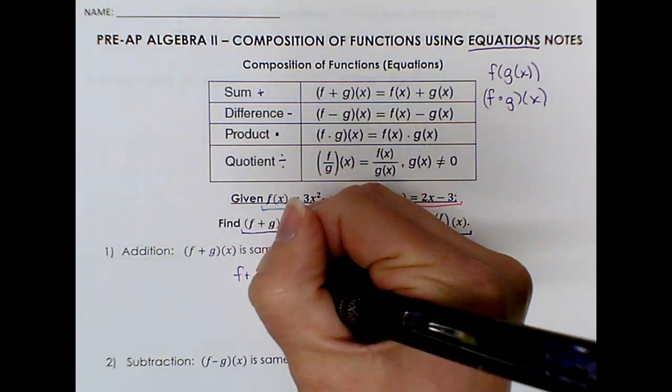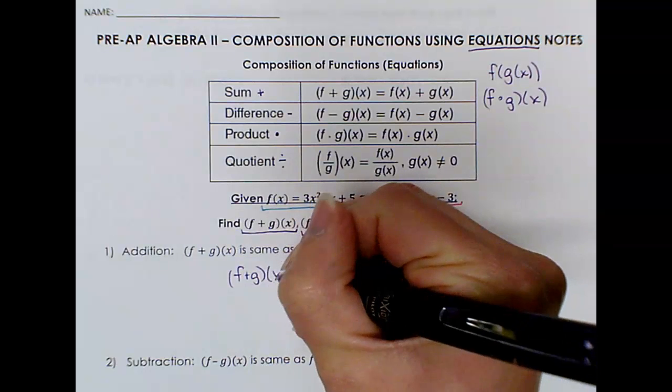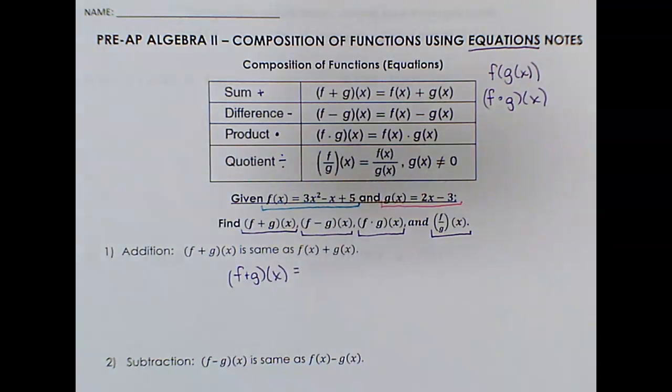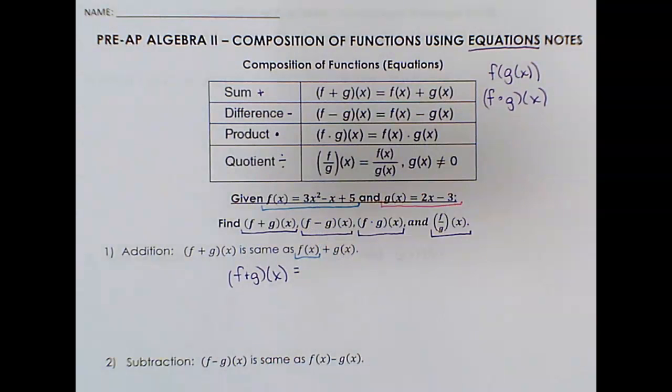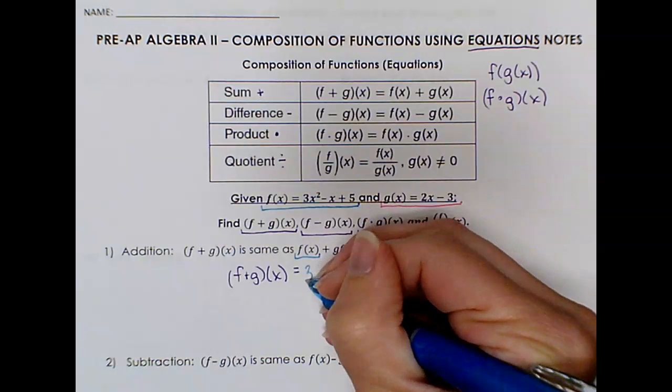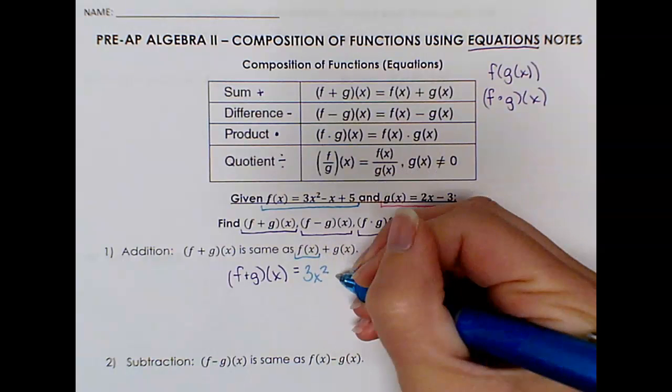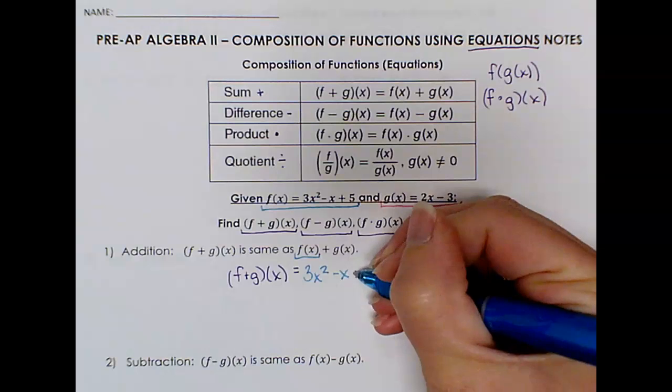So f plus g of x equals, I go find f of x. There is no x value, so I'm just rewriting with the actual x's in place, 3x squared minus x plus 5.